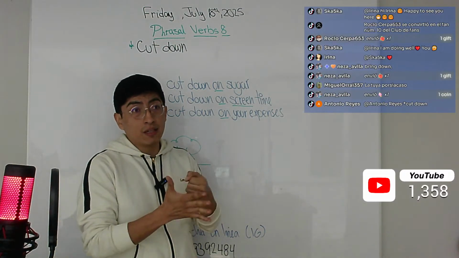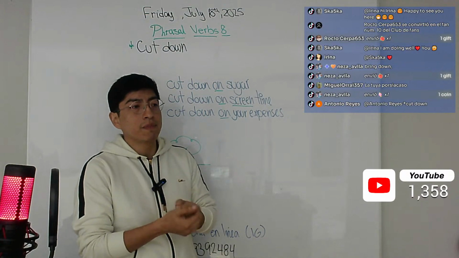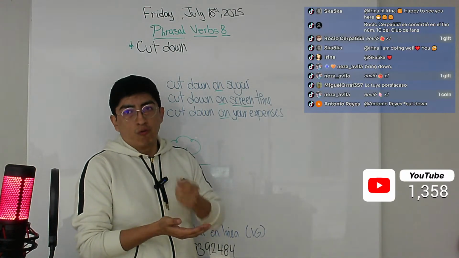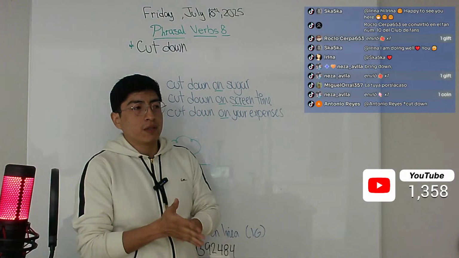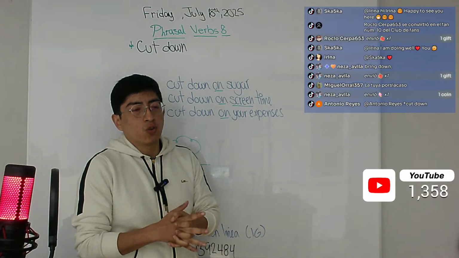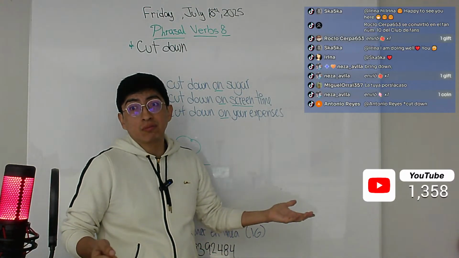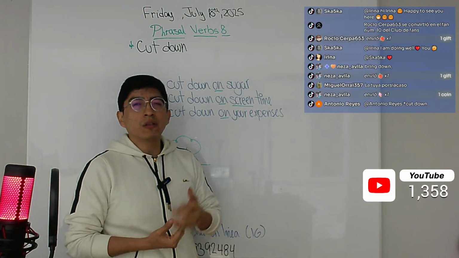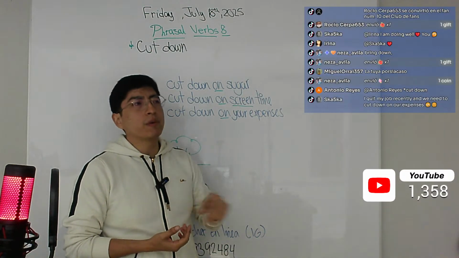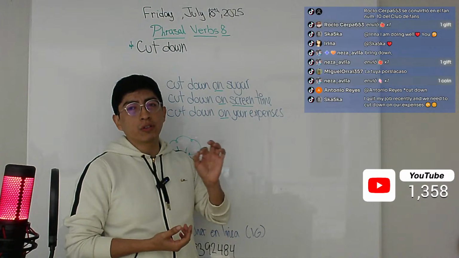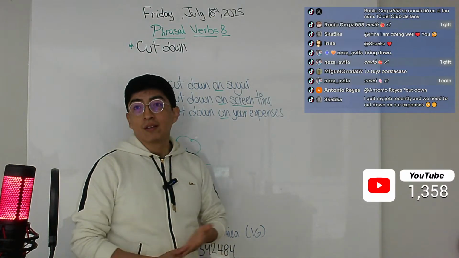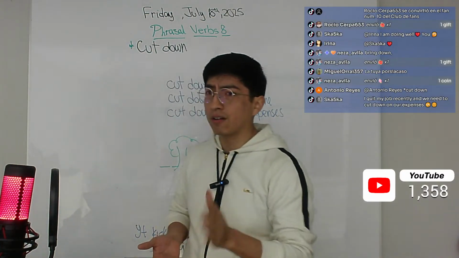Maybe I'm spending a lot of money on food or maybe going out also. So if you want to save money, it would be better if you can cut down on your expenses. Okay, so we have here a lot of things.